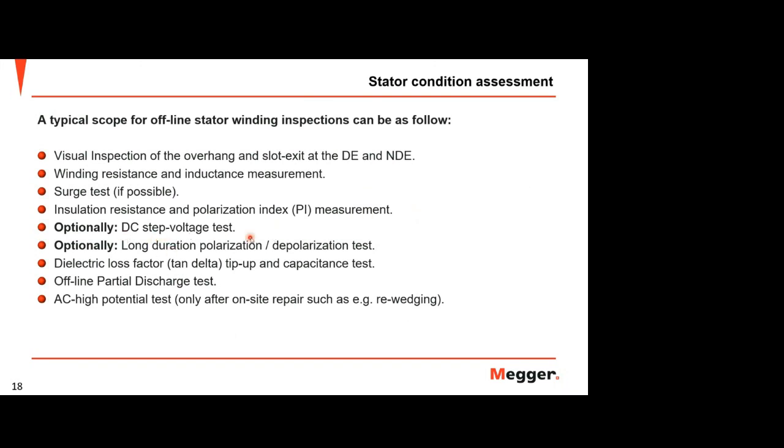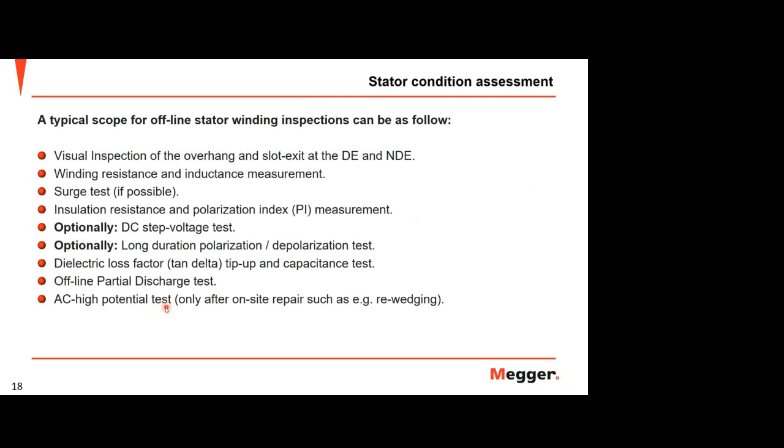This is the step voltage test, like HiPot, but you measure the leakage current step by step. Or you can do a long duration polarization or depolarization test, tan delta test with tip-up procedure and capacitance test, offline partial discharge test, AC high potential test only after on-site repair or after rewinding.